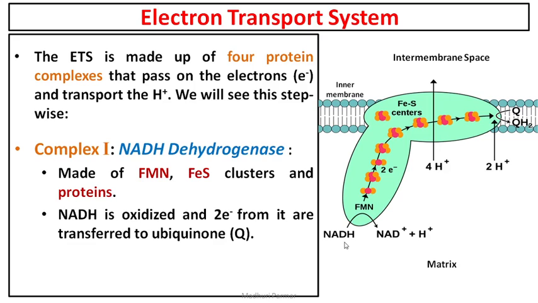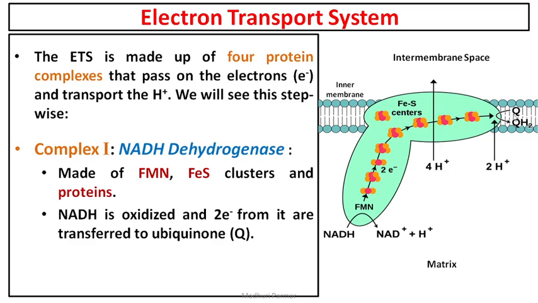Clear till here? The electrons are moved from NADH to FMN, FMN to iron sulfur clusters, and finally to ubiquinone. During this process, 4 protons are transported through this NADH dehydrogenase complex from the matrix to the intermembrane space.